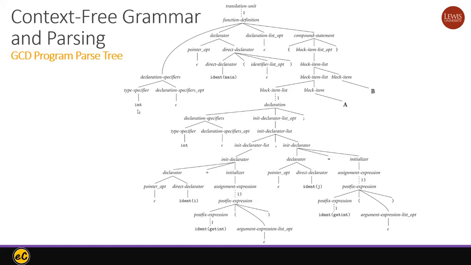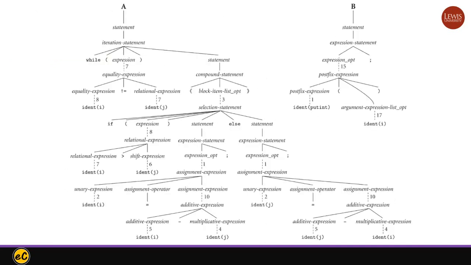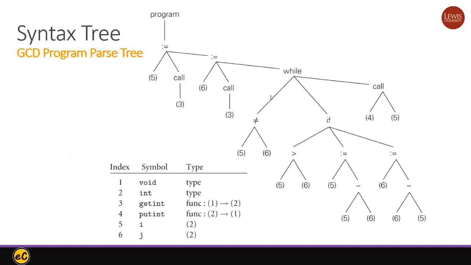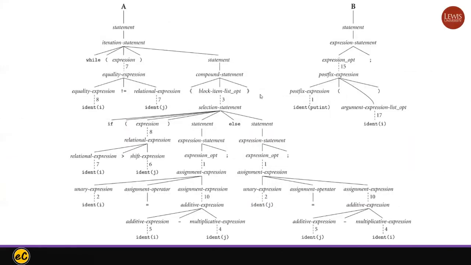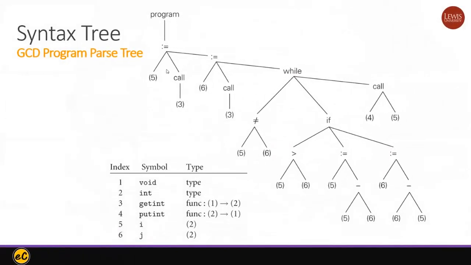So integer is a type specifier and an empty string. And then this is a declaration because it is integer something. So this whole program being translated is such a tree. That syntax tree eventually becomes a declaration, so the program equals code, assignment code.